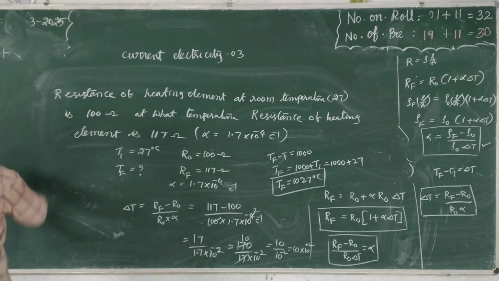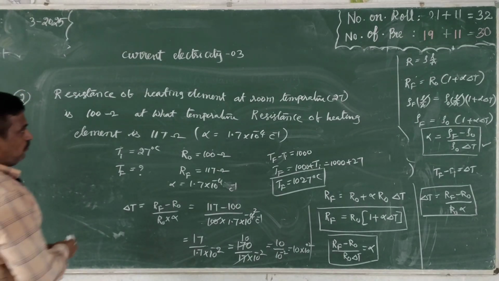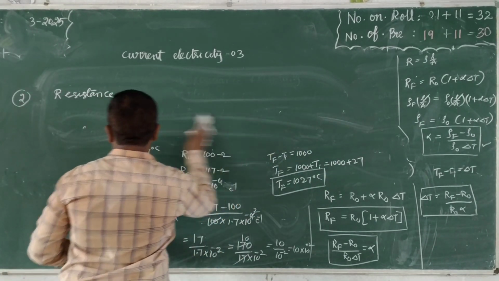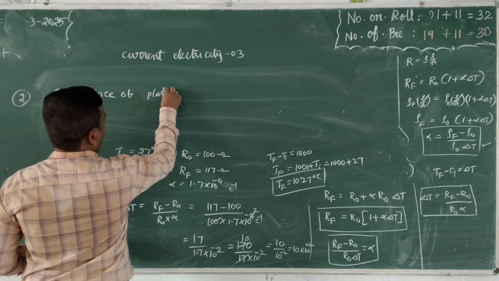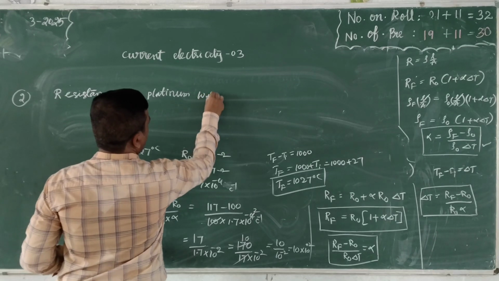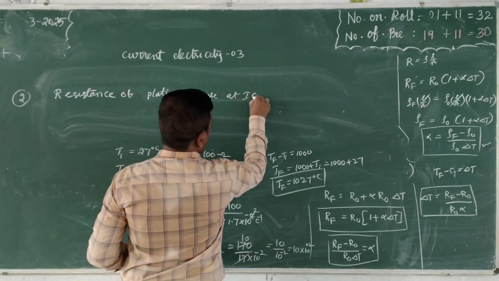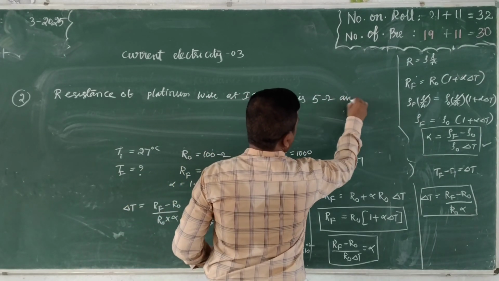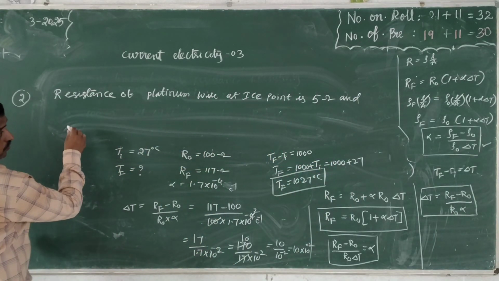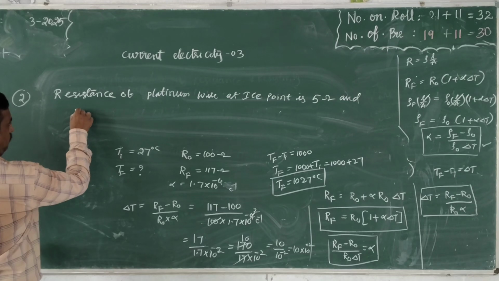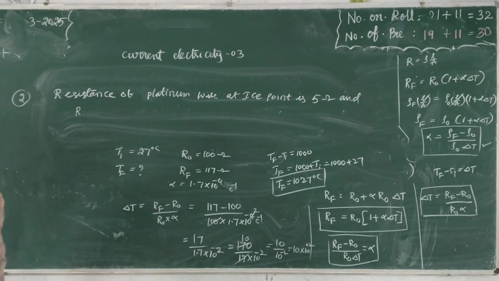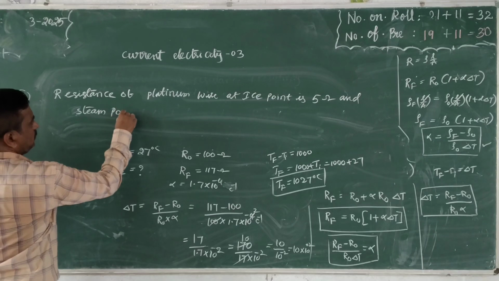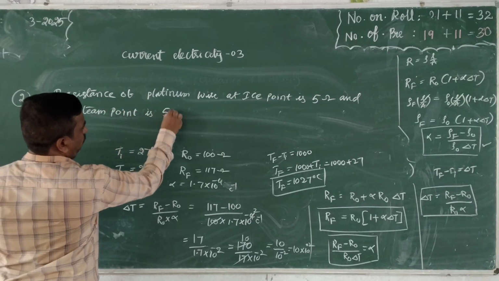See here, next problem. The resistance of platinum wire at ice point is 5 ohms, and the resistance of platinum wire at steam point is 5.5 ohms.